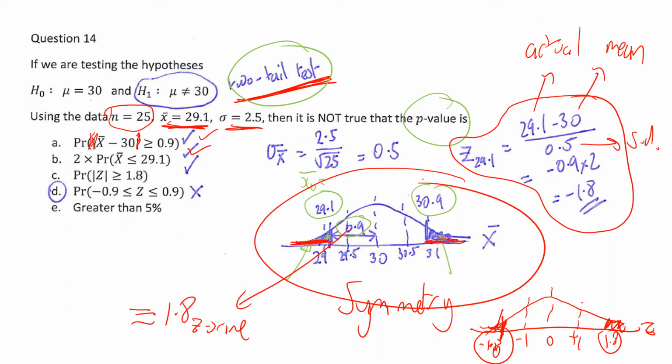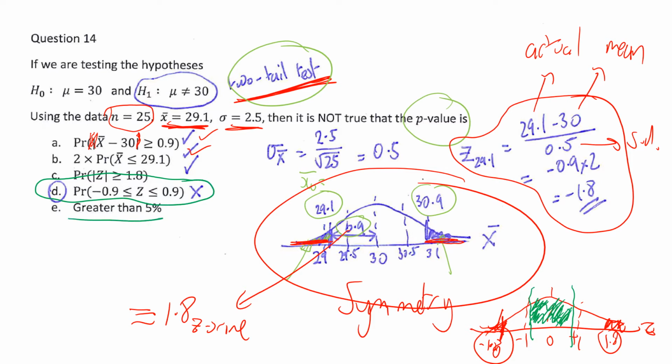Now, that's clearly not going to be correct because what we're talking about is calculating from -0.9 to positive 0.9. We're talking about that area. Clearly, it's not going to be this. It's going to be a much larger probability value than less than -1.8 times 2, or a distance of 1.8 from the center of 0, greater than that. So clearly this is not correct.